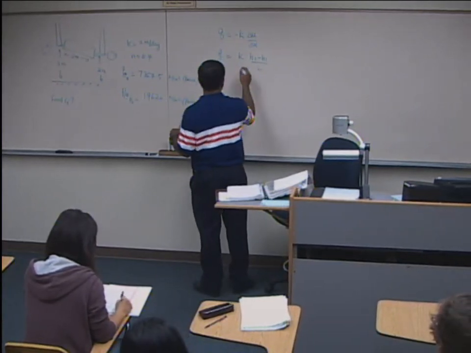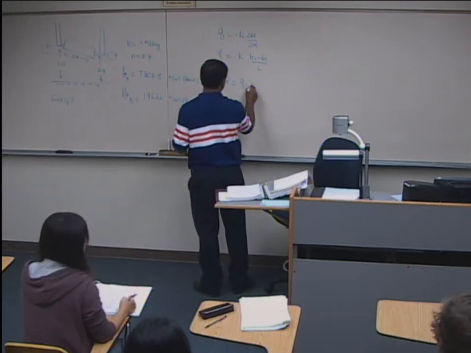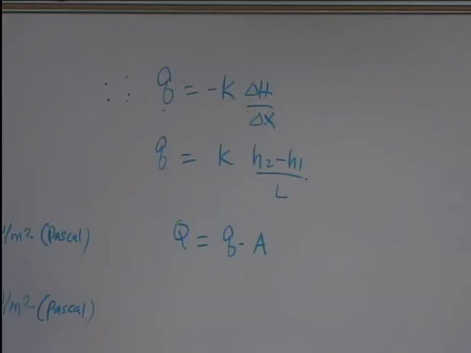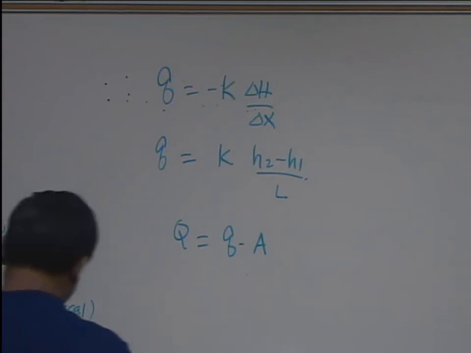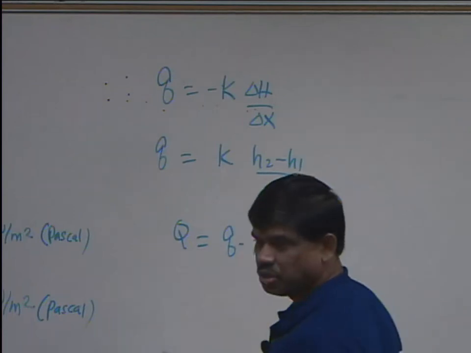And the gradient should be the other way around, so the negative will be gone. And then Q is equal to q times A, which means I've got to give you the area. Area is equal to 0.5 meter squared. Now the question is find H1 and H2.